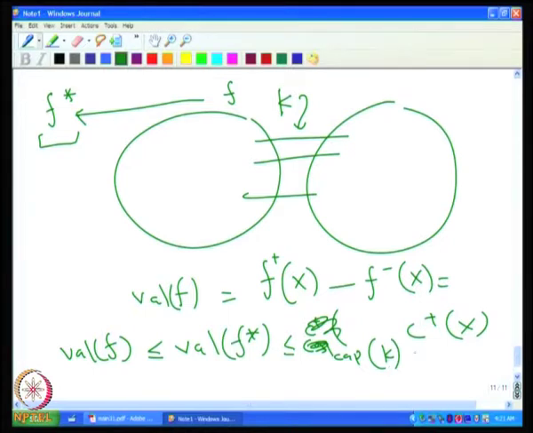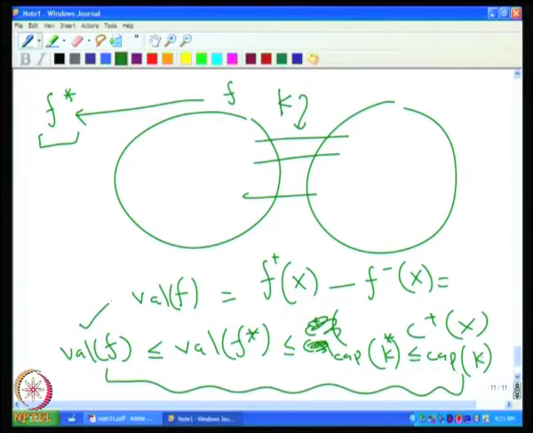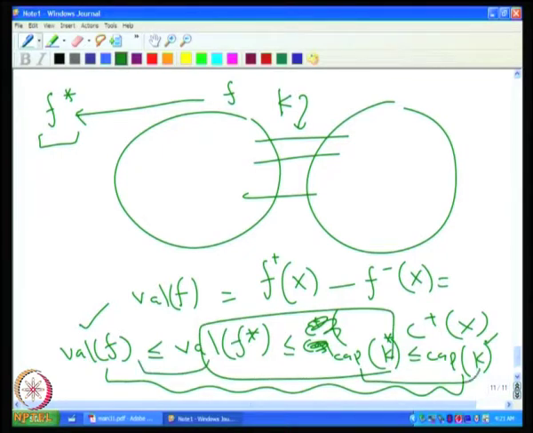This has to be so, the capacity of the minimum cut has to be less than or equal to the capacity of this particular cut, because the minimum cut is anyway less than or equal to this. But then suppose we assume that the value of the flow is equal to the capacity of this cut, then it means that this and this also are equal, everything is equal. That means this is a maximum flow and this is a minimum cut, that is the meaning of that.